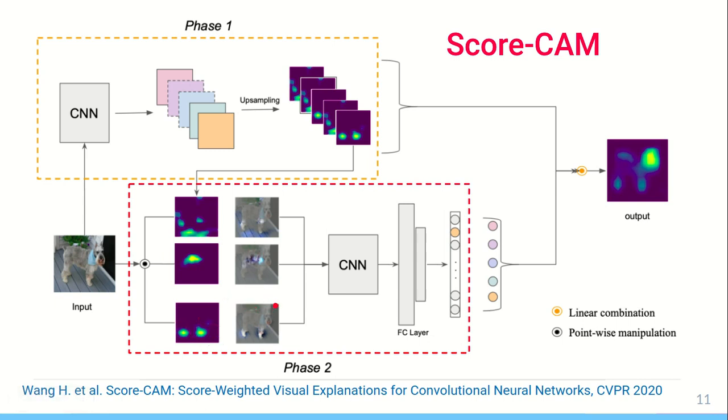Then these new images are passed through the convolutional neural network, and to get the score, a linear combination of the predictions and the activation maps is performed. Then we get a saliency map where the most important pixels are highlighted.